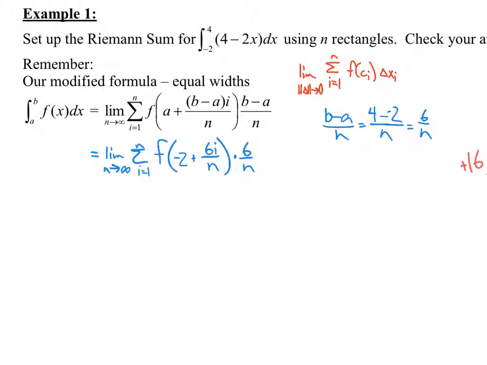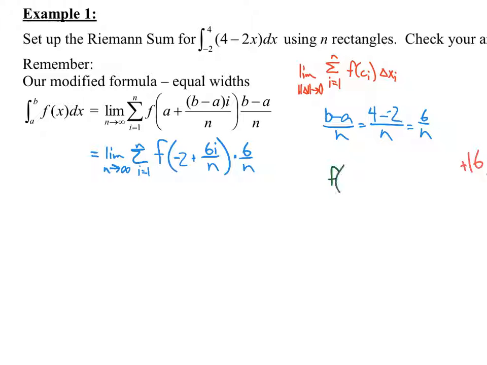Some of you were just multiplying that by the 6 over n and going on from there, and that was throwing you off. So we need to actually figure out what f of that is. f of x is 4 minus 2x.